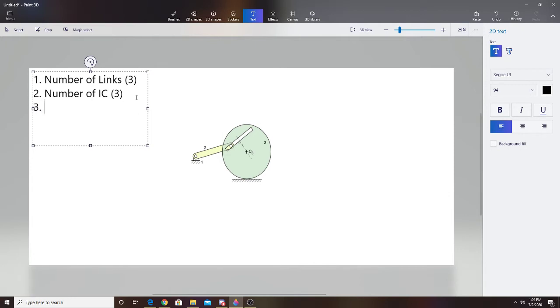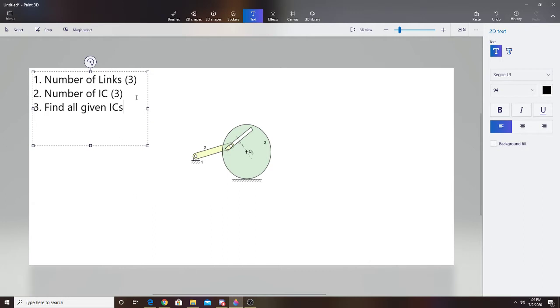So number 3. Now that we have the links and the number of instance centers, we have to find all given ICs. So find all the given instance centers, and for this one, they're all given because they're all 3. It's only a 3-link mechanism.